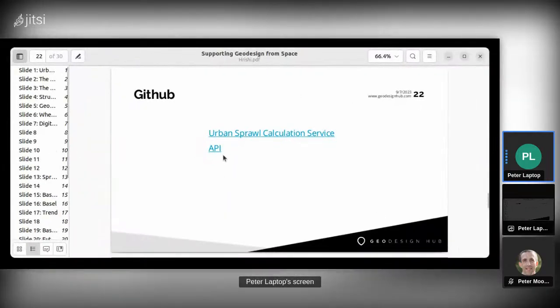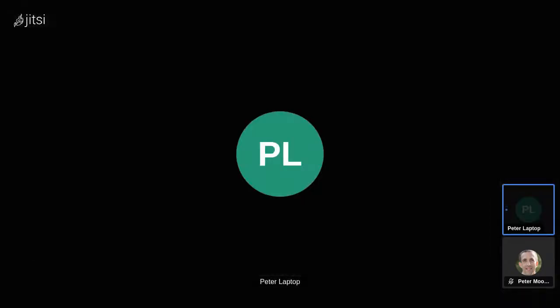Basically, it's a QGIS plugin. The problem was that the QGIS plugin, developed by an institute of high performance computing or something like that in Switzerland, made loading all the data and doing all the work in QGIS very, very time consuming.